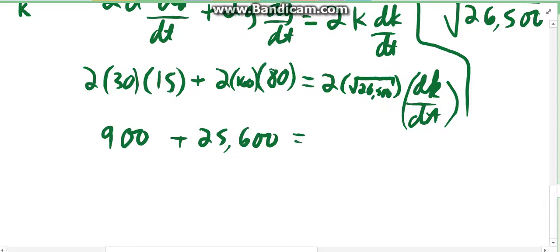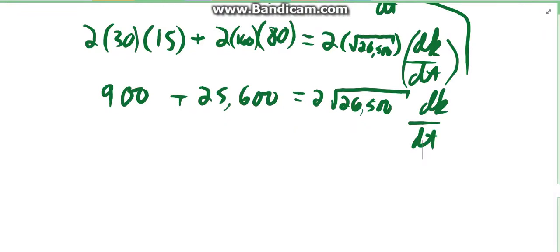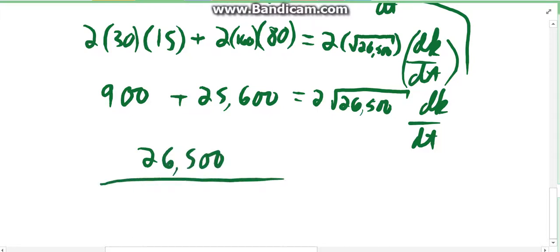And then over here we have 2 times the square root of 26,500 times dk/dt. And if you add those together on the left side, you get 26,500. Okay? So we're going to have 26,500 divided by 2 times the square root of 26,500. And that's what dk/dt is.